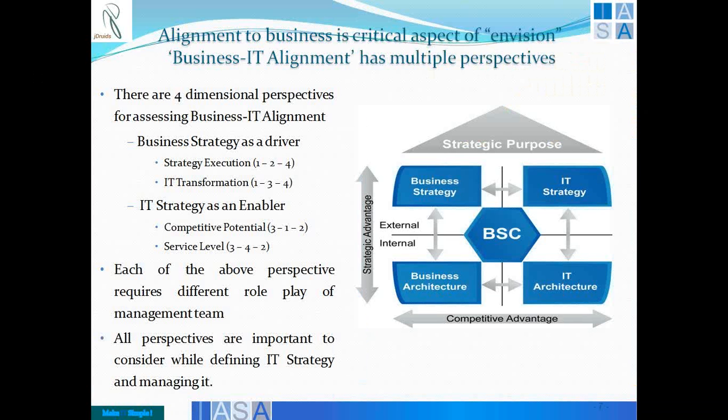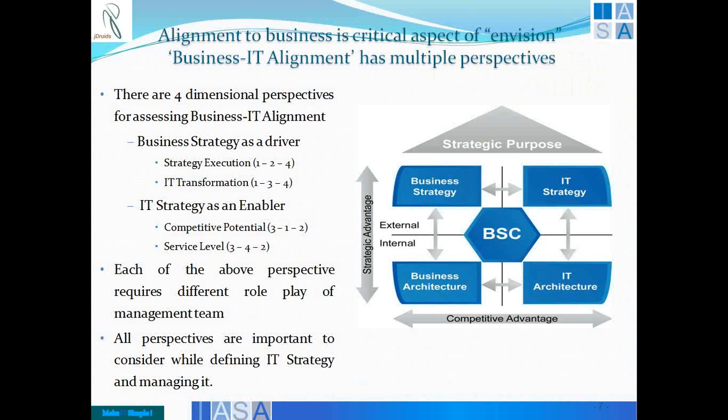Now the second part is there are situations where IT strategy is an enabler. This will be mostly driven out of the CTO or CIO programs, whereas the IT architecture will actually map with the business strategy and get you a defined IT strategy to be adopted. And then you go around in a circle to improve your IT architecture back again.